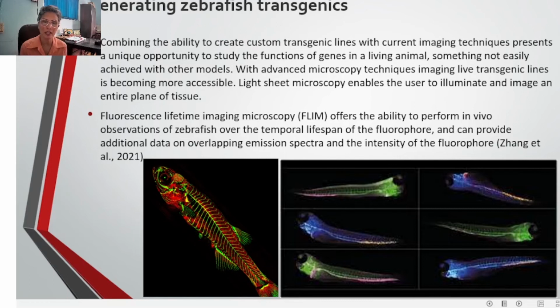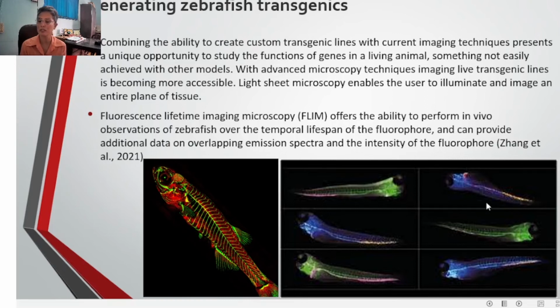Here we can see in the image the angiogenesis in case of zebrafish, and here the developmental aspect of the zebrafish is shown. The different stages and different tissues have been combined with the fluorescent dye and the imaging system, that is fluorescence lifetime imaging microscopy.